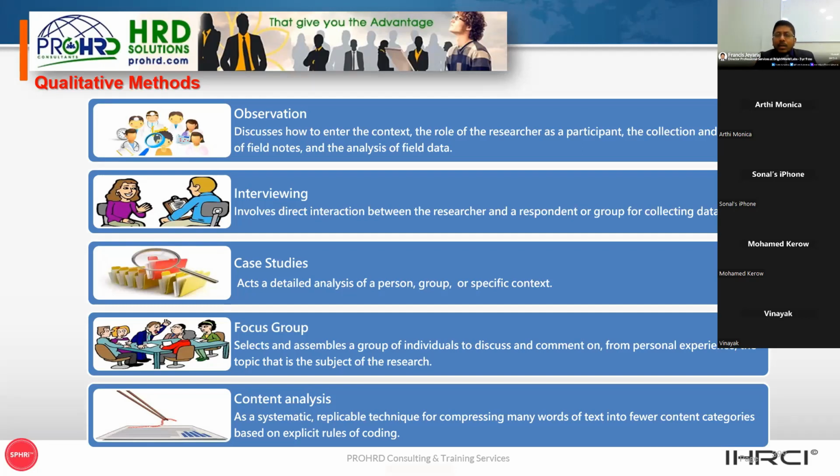The literature on participant observation discusses how to enter the context, the role of the researcher as a participant, the collection and storage of field notes, and the analysis of the field data. All these are very important. Participant observation may take months or years of intensive work, because researchers need to become accepted within the community.